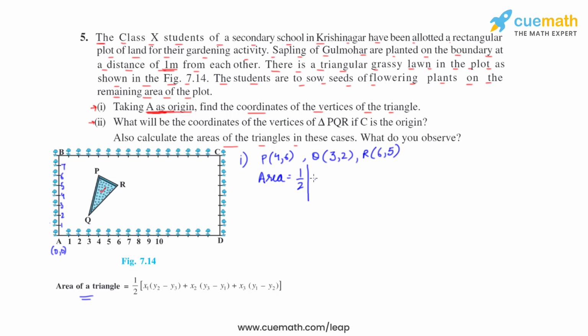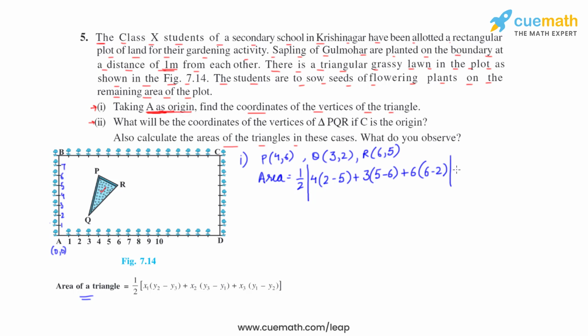So half into x1 which is 4, (y2 minus y3) which is 2 minus 5, plus 3 (5 minus 6), plus 6 (6 minus 2).